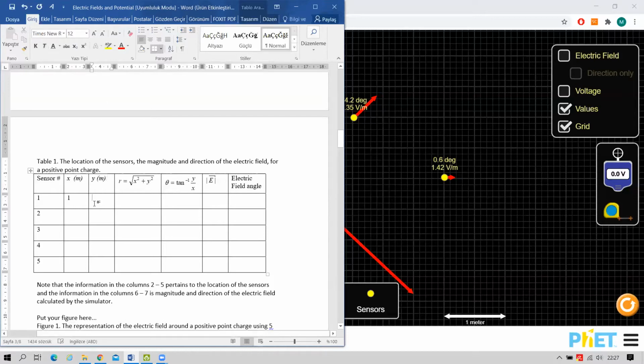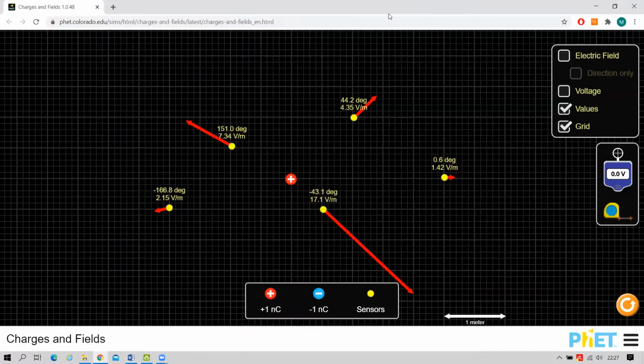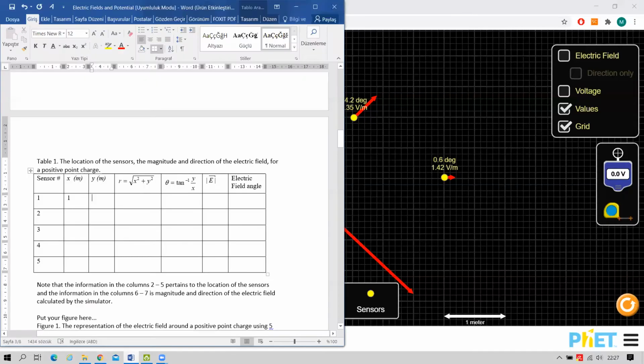So what's the Y coordinate of the first sensor? I just switch to the sensor over here. Its Y coordinate is again 1 meter away from the source. So I should also put one in the right column.